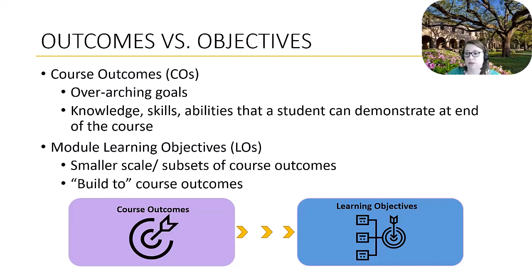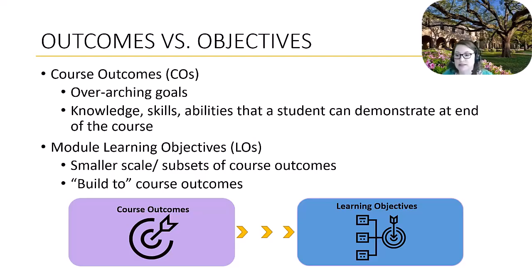In one module, you may focus on the social issues. In another one, you may focus on social policies. Your lecture materials, videos, scenarios, and activities may differ depending on whether the module is focusing on issues versus policies, but all of that collectively would support that course outcome of discussing the change in the social climate over time.